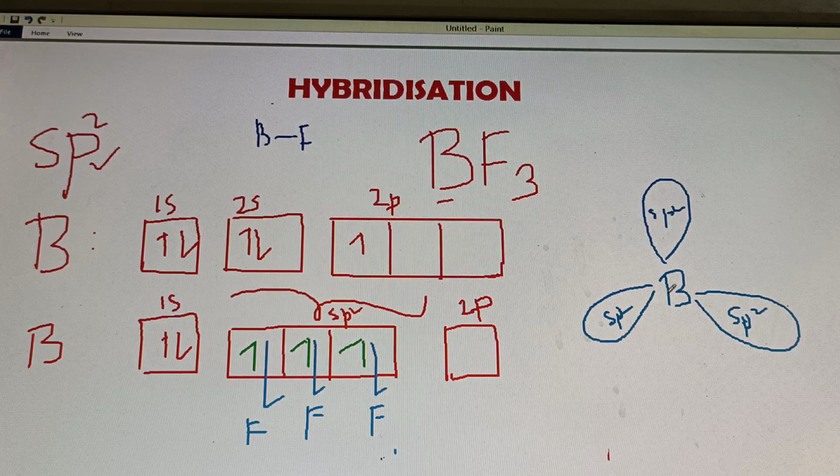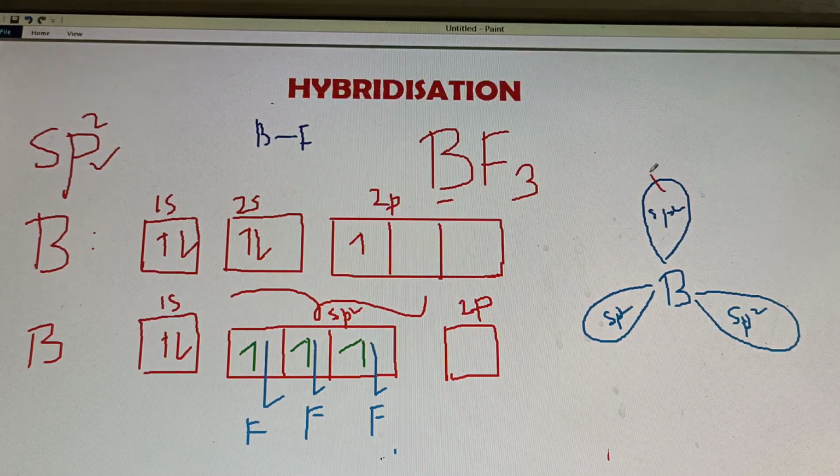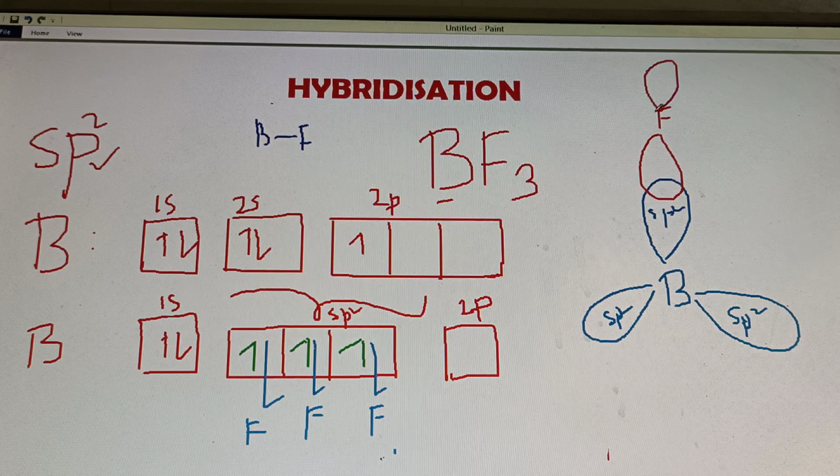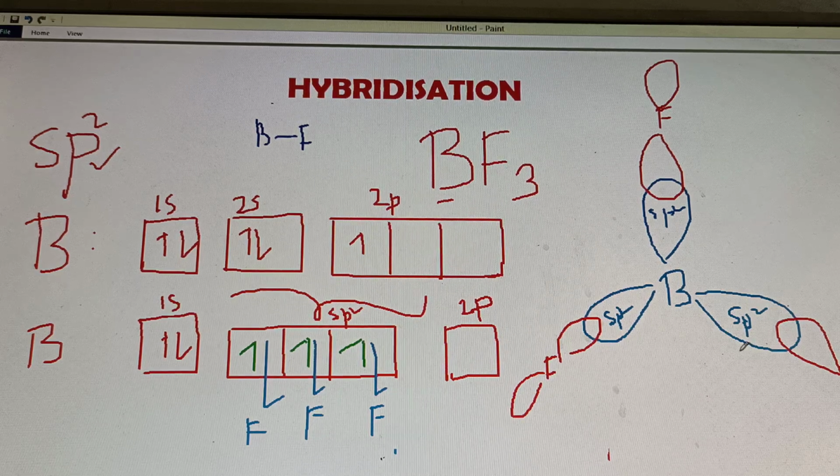Next the fluorine atoms will combine to form 3 covalent bonds. And what is the bond angle?